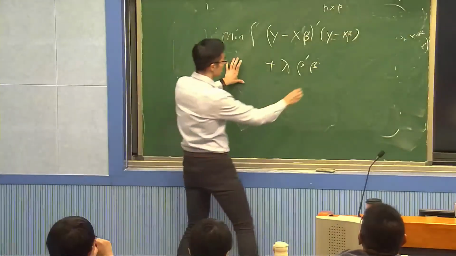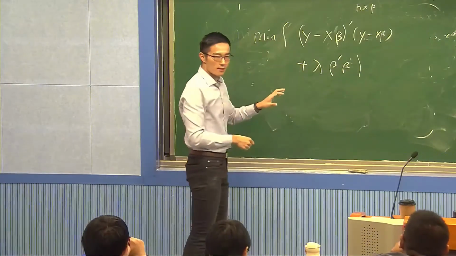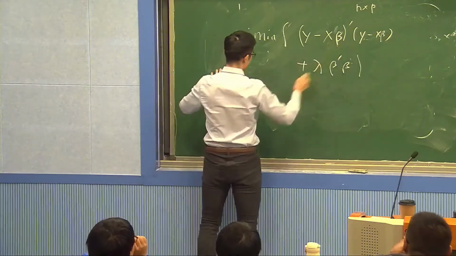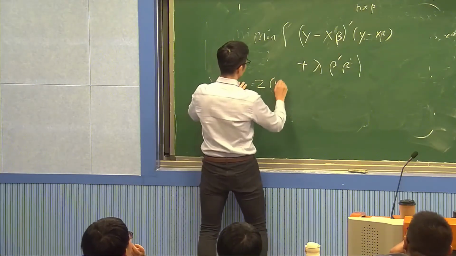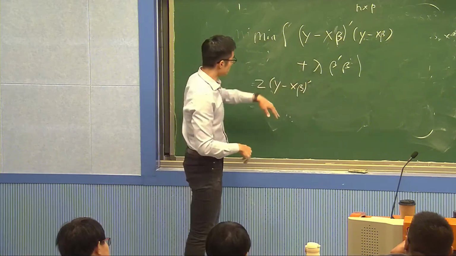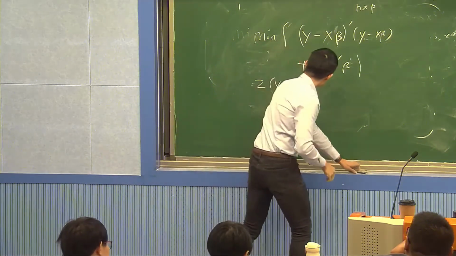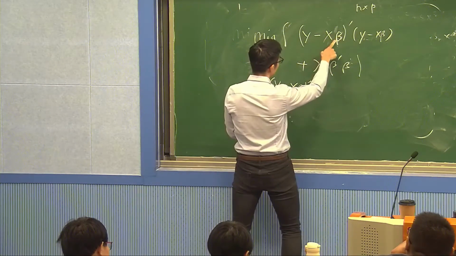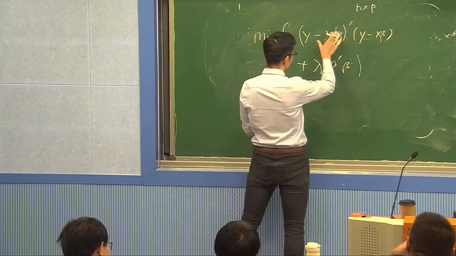So I'm minimizing this thing. How do I minimize? I take a derivative with respect to beta and set it to 0. So the derivative will be 2 times y minus x beta, prime, because we take a matrix derivative, and then there is a minus x, since we take the derivative with respect to beta.